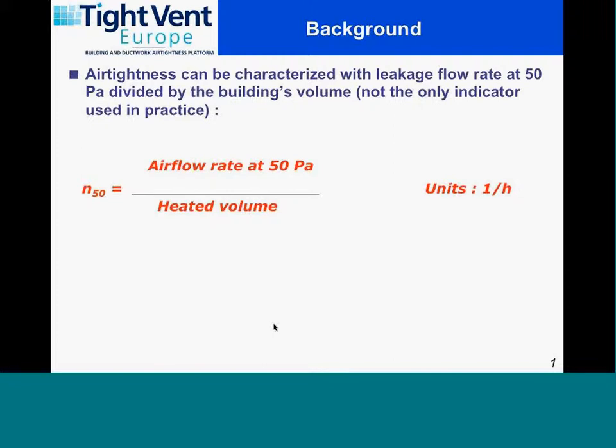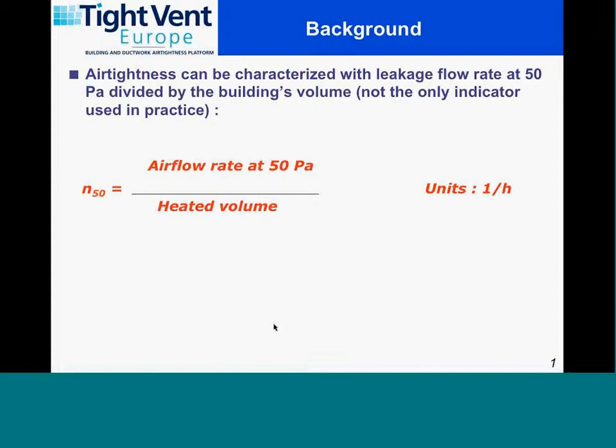Now, on the way you characterize the leakage flow rate or leakage: this is one indicator, the N50. There are several other ones that you can use, but this one happens to be handy for the rest of my presentation.